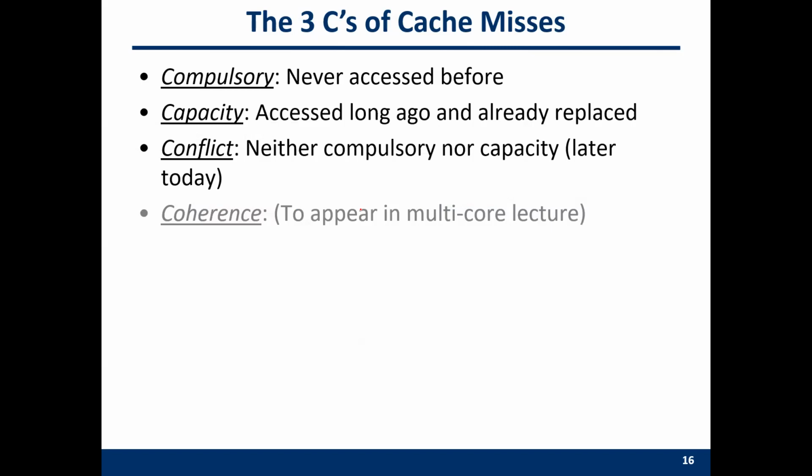Conflict means it's not a compulsory miss or a capacity miss. I will talk about this type of miss in the following slide. The last one is not so common, but we do have this type of miss, the coherent miss. Coherent means multiple cores share this piece of data. Once some core modifies this piece of data, you have to invalidate the copy of this piece of data in other CPU caches.